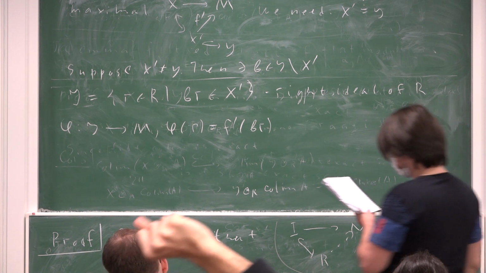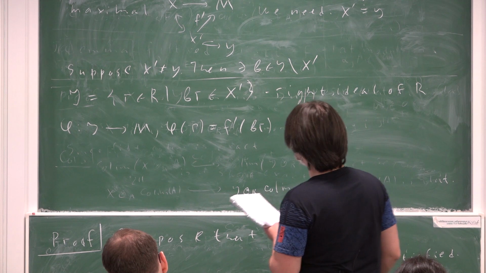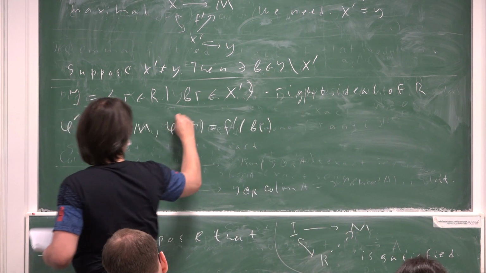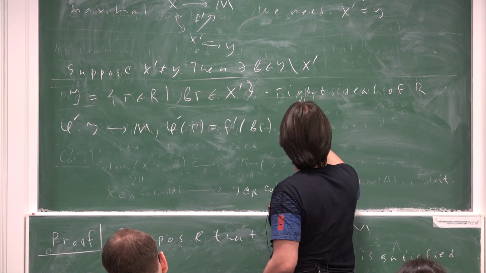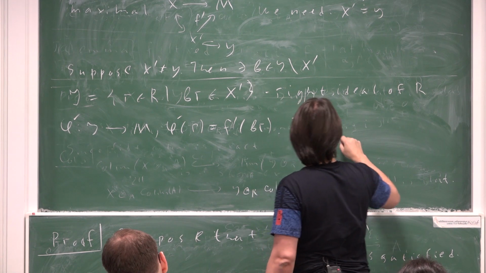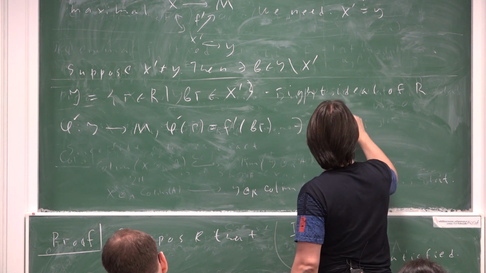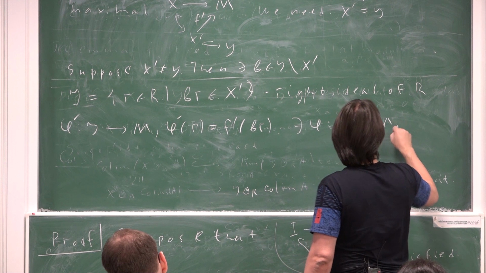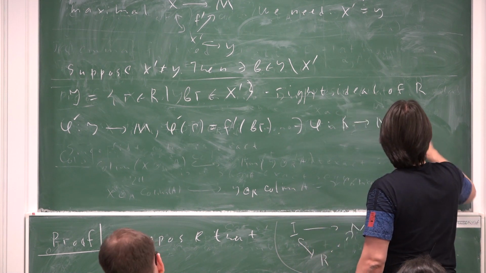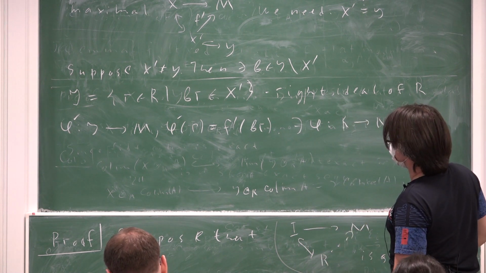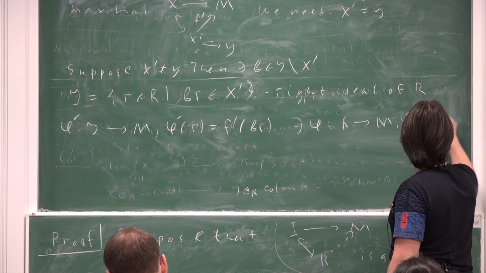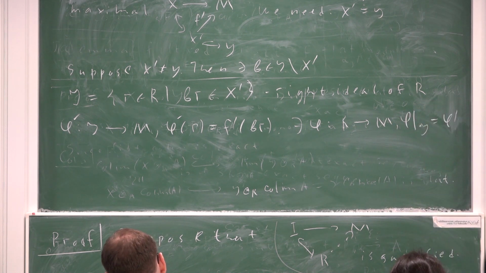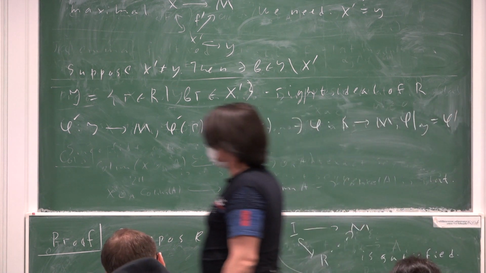And then there exists phi from R to M such that phi on J is phi prime. Yes, it is what we assumed.